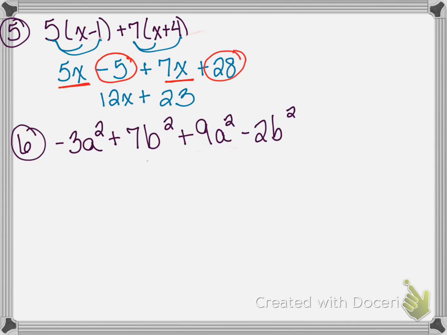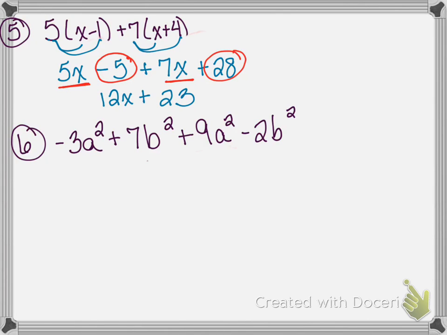Now, number 6, I think I accidentally tricked everybody because students wanted to make it much more difficult than it was. Okay, so I was like, wow, I didn't really mean to do that. So here we've got negative 3a squared plus 7b squared plus 9a squared minus 2b squared.